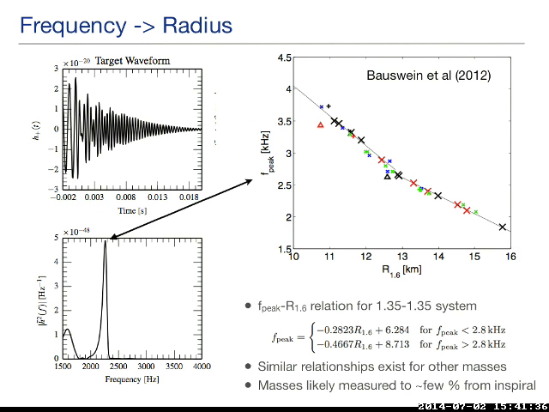So if you can measure this peak frequency, you can map it back to the radius. This relationship is specifically for a symmetric 1.35, 1.35 system. Other relationships will exist for different masses. We'll know the masses with reasonable accuracy from the in-spiral phase, so it's just a case of forming the relationships for the different masses.